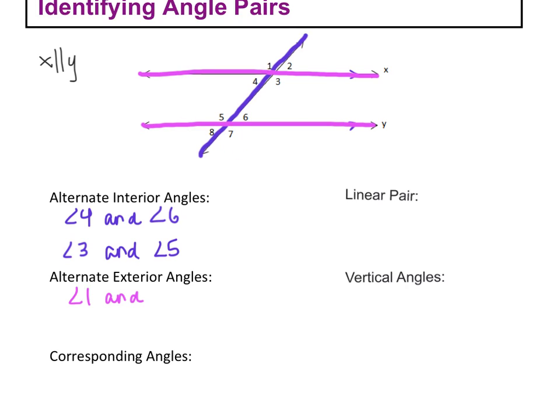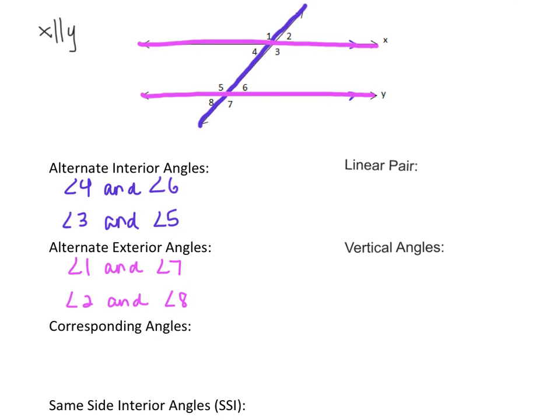So that's going to be angle 7. So angle 1 and angle 7 go together. And then if you look at angle 2 is going to go with angle 8. So for your alternate interior and your alternate exterior, you have 2 pairs of angles for each of those.